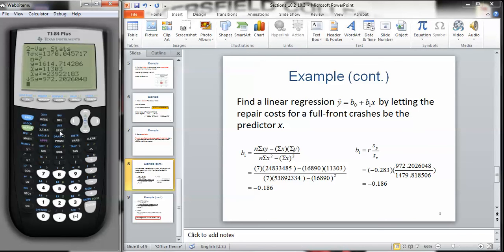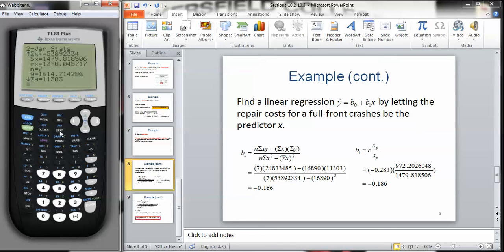In the right-hand side formula, r is the linear correlation coefficient you calculated earlier. But for s_y and s_x, these are the sample standard deviations for y and x respectively. For y, you see it's here: s_y equals 972.2. And then s_x can be found up here.